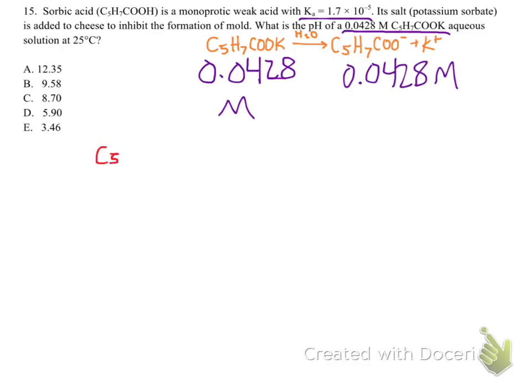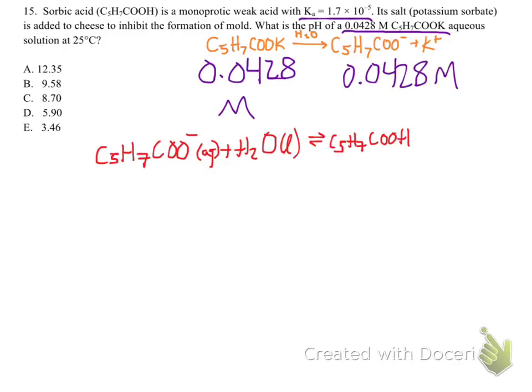So C5H7COO- aqueous plus H2O. And remember, it's just going to hydrolyze this water to form the conjugate acid, C5H7COOH, and it's going to leave behind hydroxide.